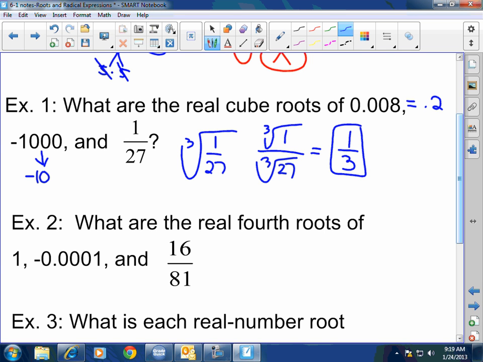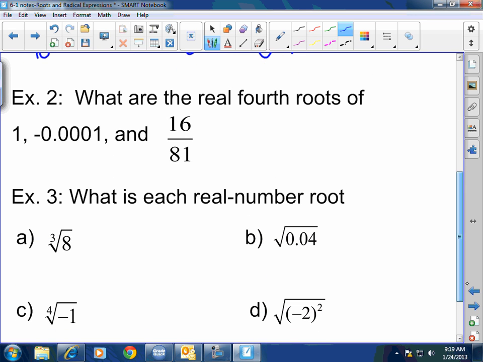So now we're talking about what are the fourth roots of the following numbers. What's the fourth root of 1? 1. Very good. What is the fourth root of negative 0.0001? No solution. Remember, guys, you cannot have a radicand that is negative in an even root.